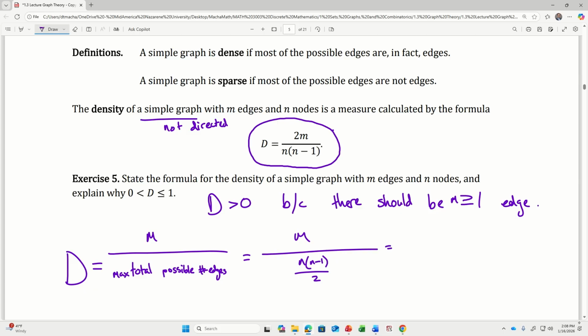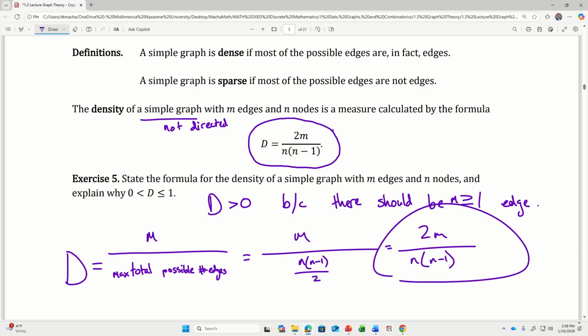To divide by a fraction, you multiply by the reciprocal, and that's how you get 2m over n times n minus 1. So now you can calculate the density of a graph. Where does it sit on a scale from 0, where it's barely connected, and 1, where it's completely connected? It's never exactly 0.